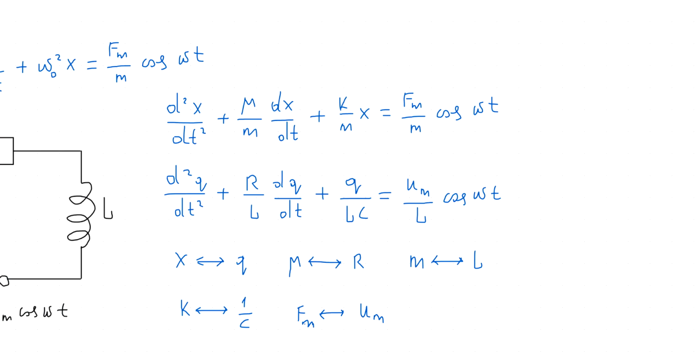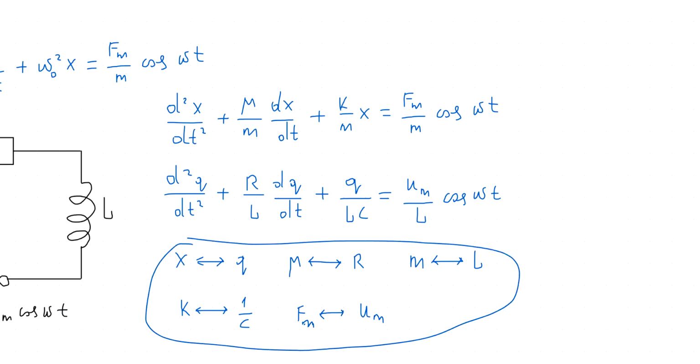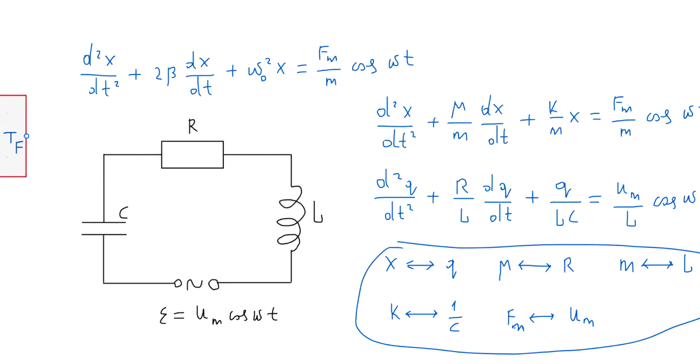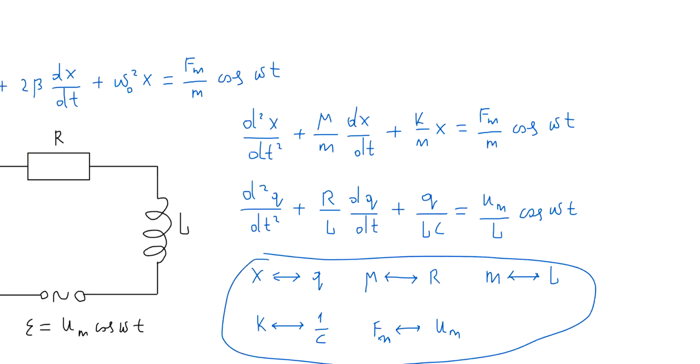And so if we make these changes, we can obtain one equation from another equation. So you can see that these equations are almost the same. So if we solve one of them, we will get the solution of another equation.